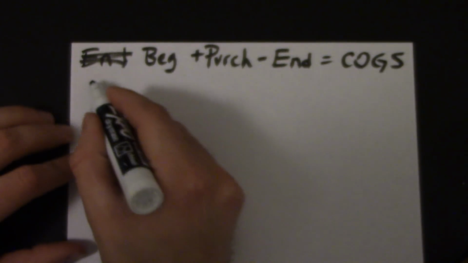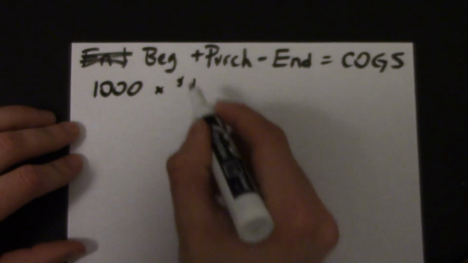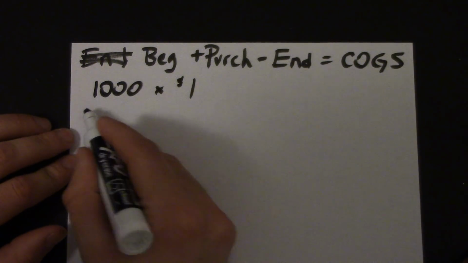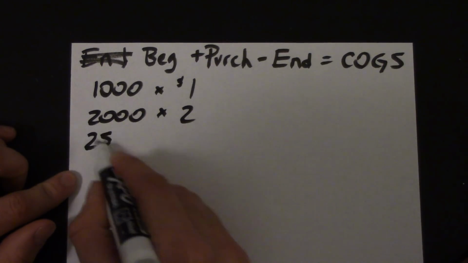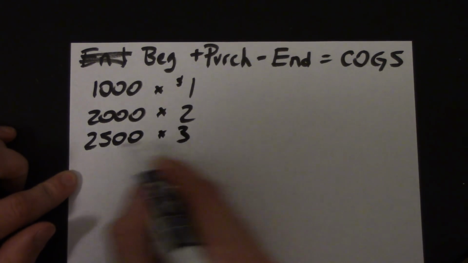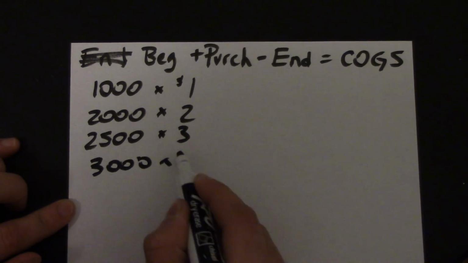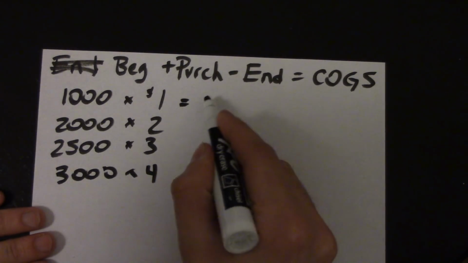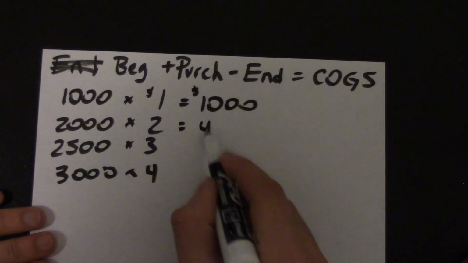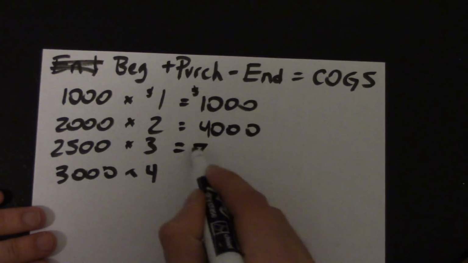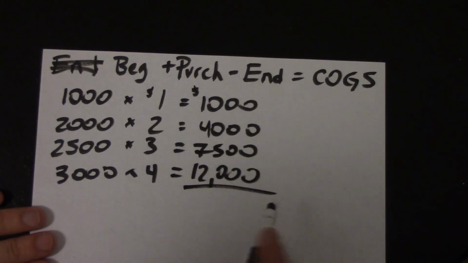So we began with 1,000 units at $1 each. We purchased 2,000 at $2 each, purchased another 2,500 at $3 each, and then we purchased 3,000 at $4 each. Now we can multiply those across. We've got $1,000 in inventory there, 4,000 there, 7,500 there, and then 12,000 right there.